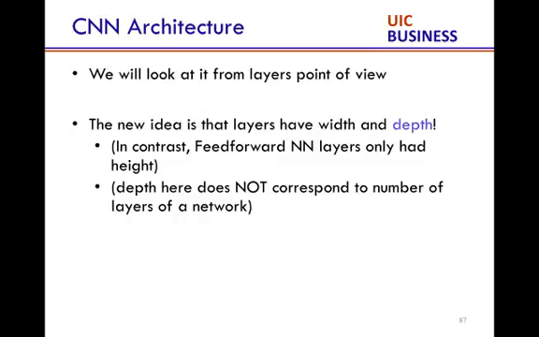But we will see in CNN that we'll have a layer which will not just have a height, but it will also have a width and a depth. So it will be like a block. And the depth would be that of a layer and not the depth of the network. That's just a point to not get confused about.